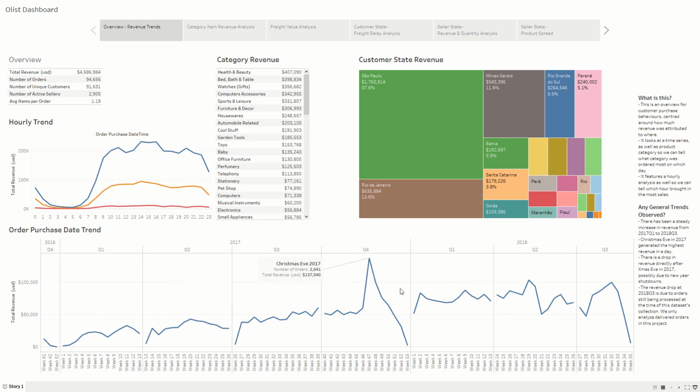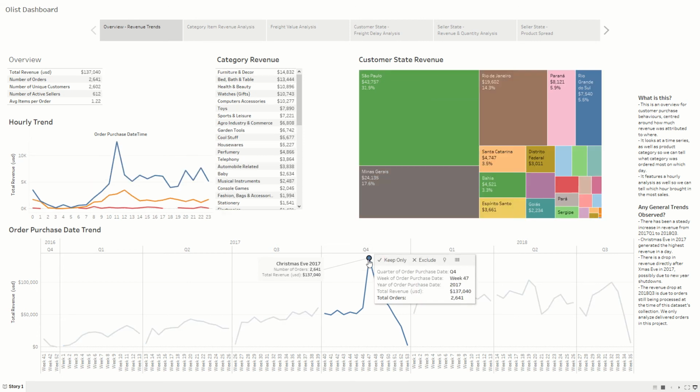Let's say, for example, I want to find out what happened on Christmas Eve 2017, where there was a peak here. How was the purchase pattern, which categories, and so on. I can just click on here, and all the charts will filter to this one point.